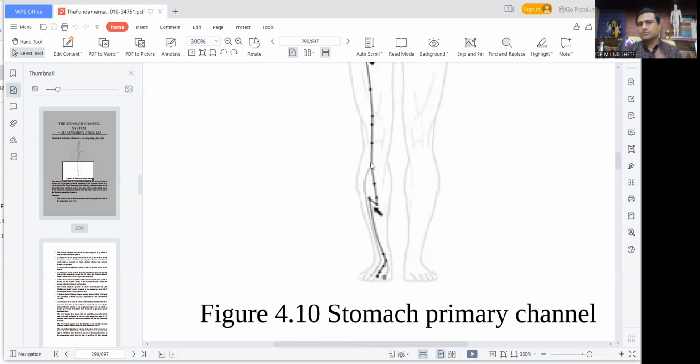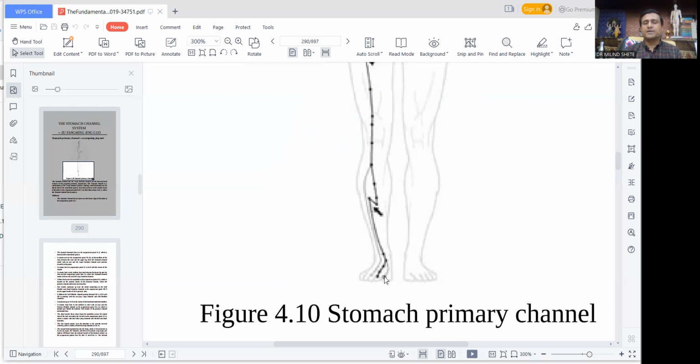And from ST36, the main branch goes downward, and from the ST40 point, it connects to the spleen channel internally, from where, along the lateral or anterior aspect of the leg, along the anterior tibial border, it flows downwards and comes to the center of the ankle joint at point ST41, then on the dorsum of the foot at point ST42, where it again divides into one internal branch which goes in medially and ends at the spleen channel.